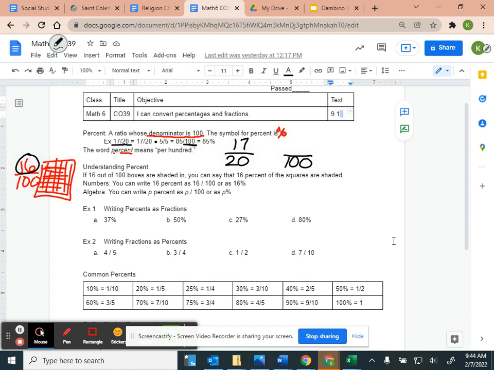Times 5. We multiply top and bottom by 5 because 20 times 5 is 100. 17 times 5 is 85. So 17/20ths equals 85%. When your fraction has 100 as a denominator, the numerator will be what percent it is.